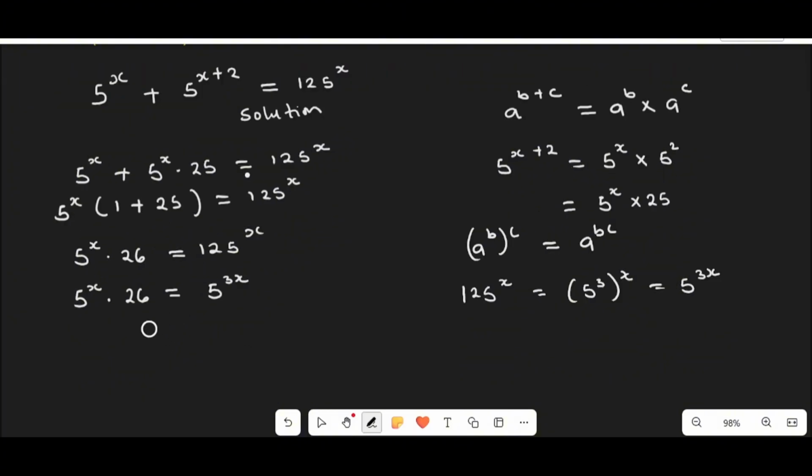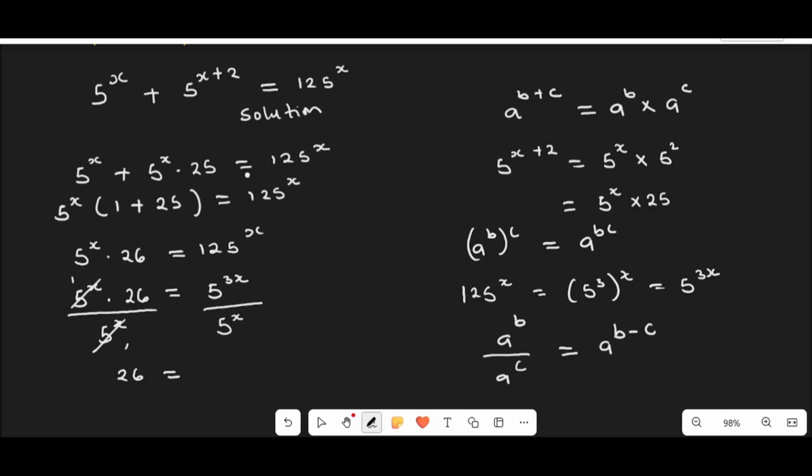So let us divide both sides by 5 raised to power x. Here 1, here 1. So we are going to have 26 equal to, and in indices, if we have a raised to power b over a raised to power c, it is equal to a raised to power b minus c.